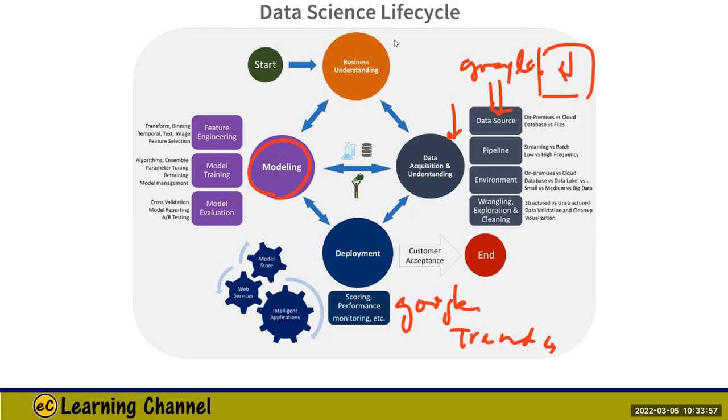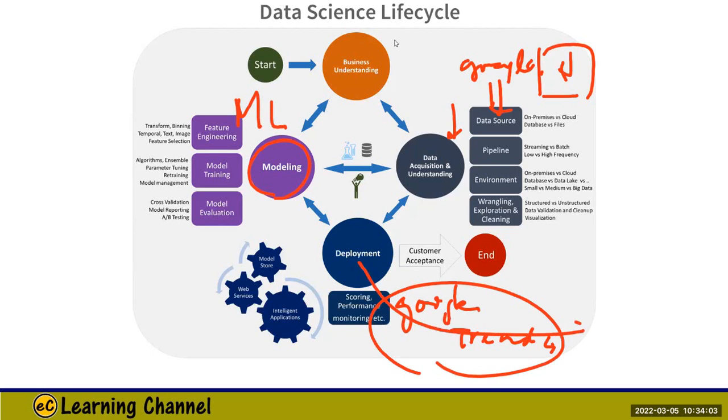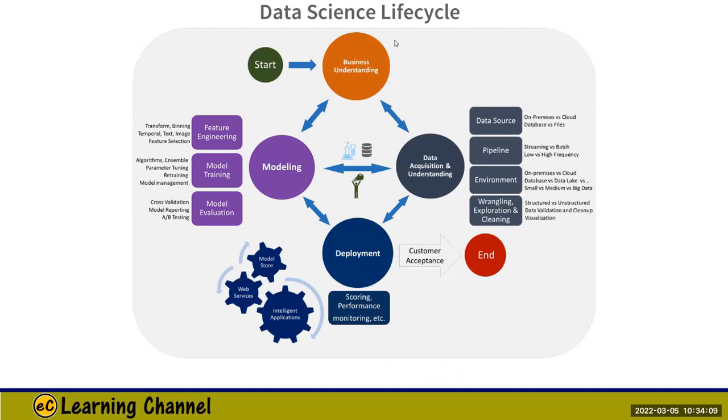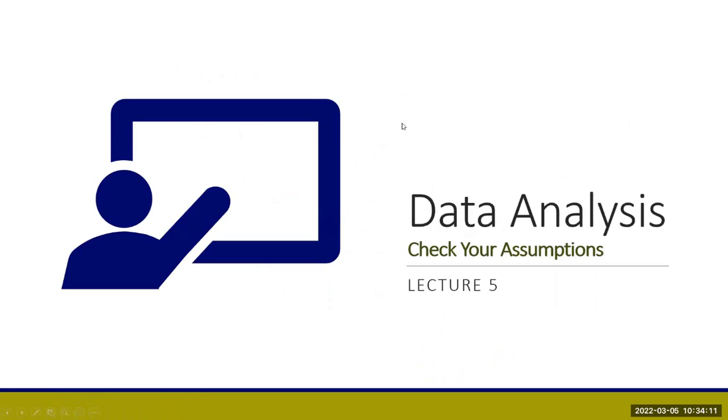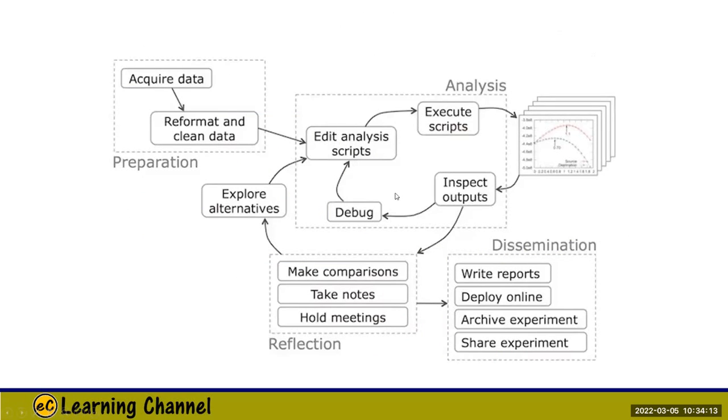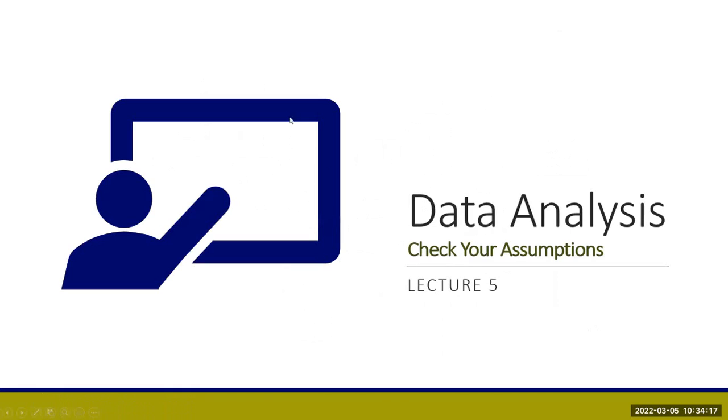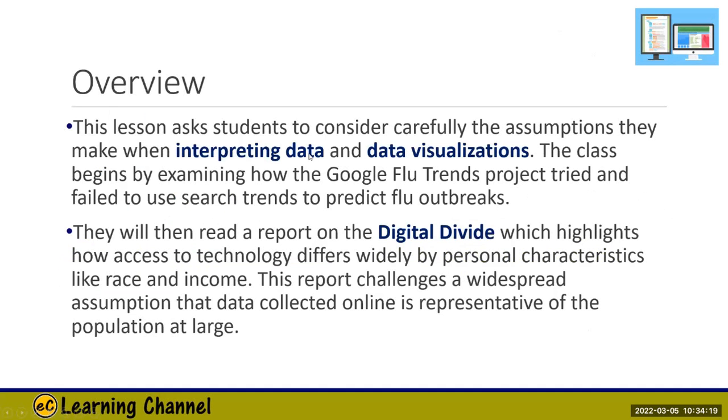So here you may have machine learning. Eventually you provide a Google Trends result to tell people who is browsing it and how many people are browsing it. So here is another one of the data life cycles.